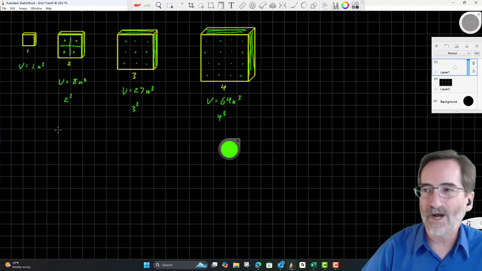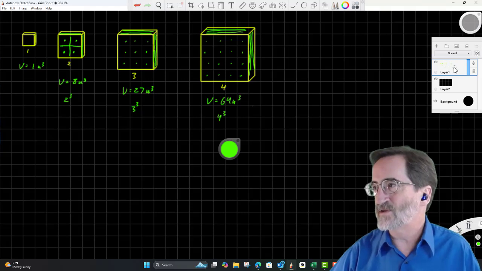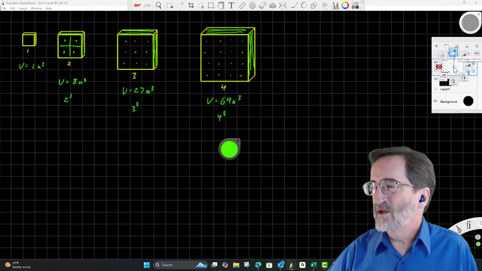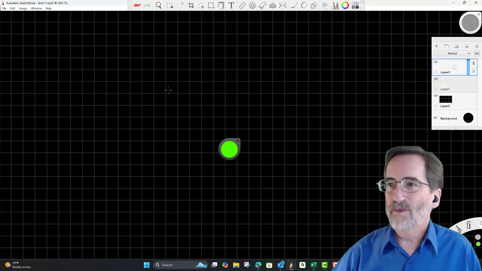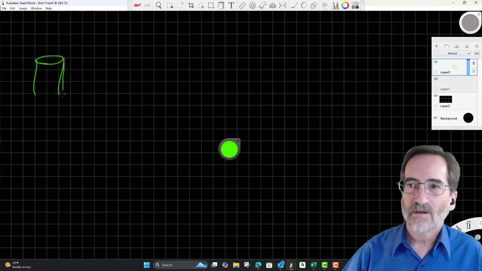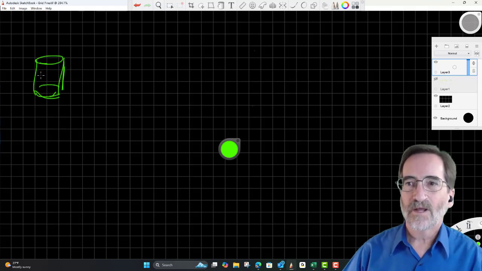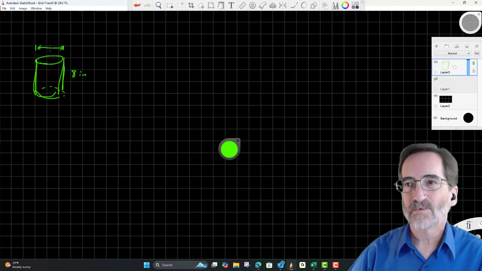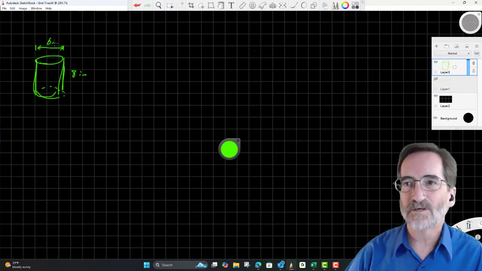So let's look at how we might apply this in a given situation. Let's say we have some shape, maybe a cylinder. This cylinder has a height of 8 inches and a width of, say, 6 inches.